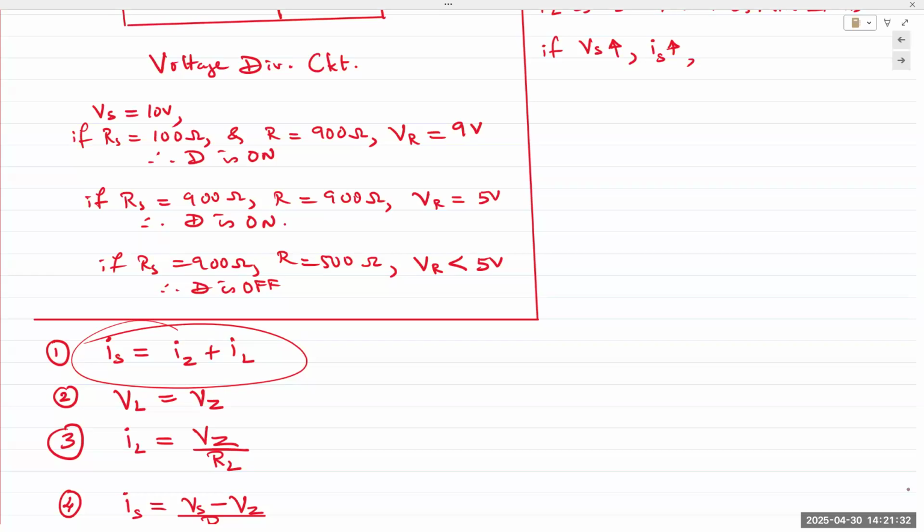If VL is constant and RL is constant, then IL is also constant. So what happens to IZ? Correspondingly, IZ increases. So if VS increases, IZ increases. Remember last class I stated the Zener diode will absorb more current coming from the supply to keep the output current constant. That's what that point is.